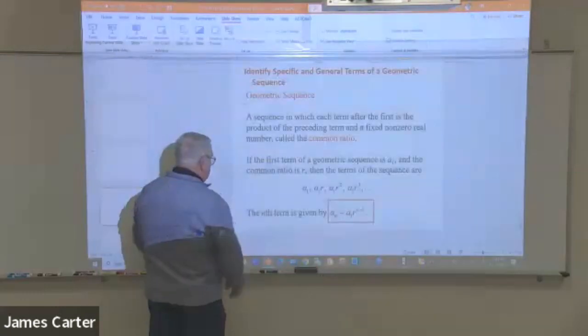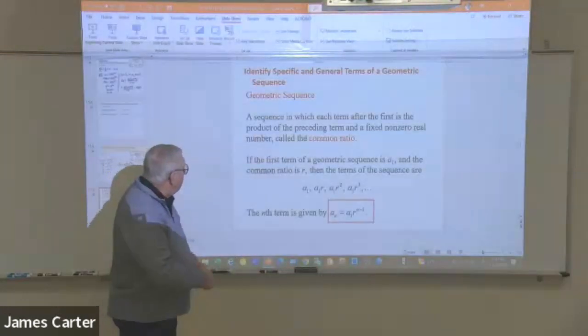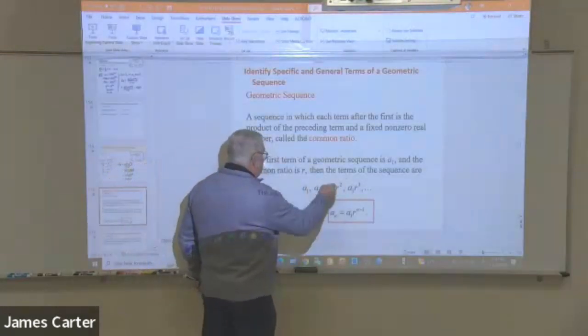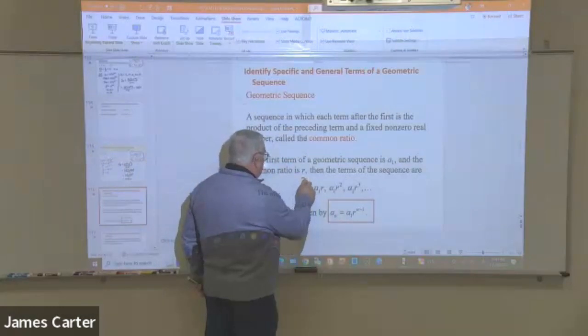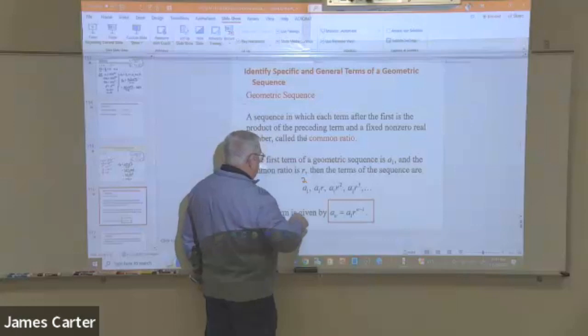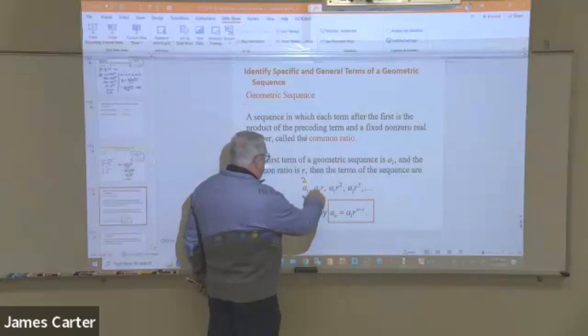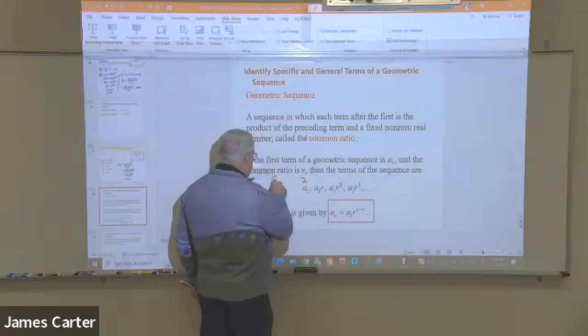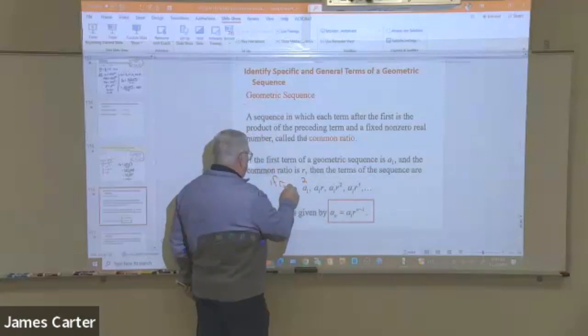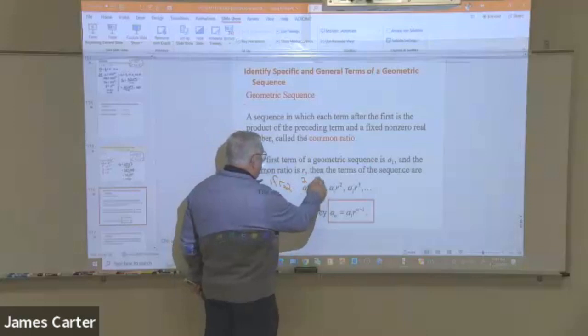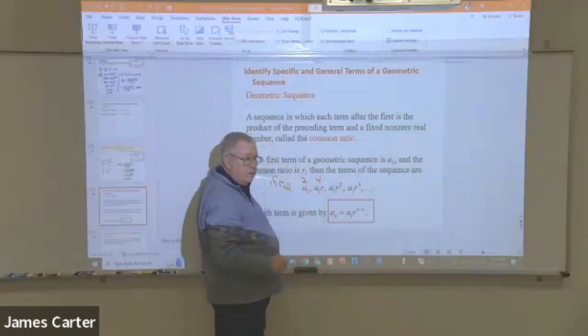If this were 2, then if the common ratio is 2, this one would be 4, right?